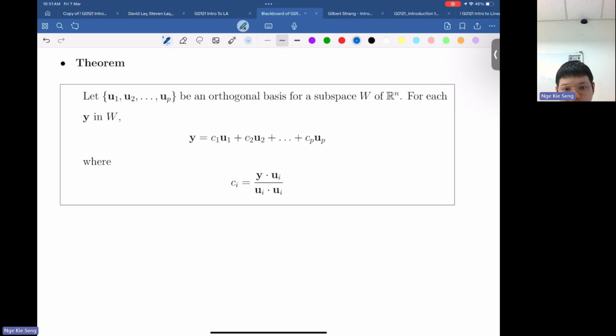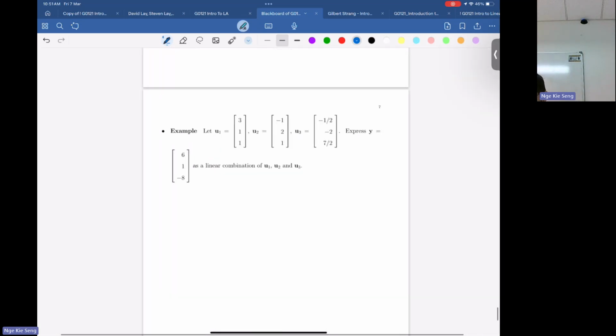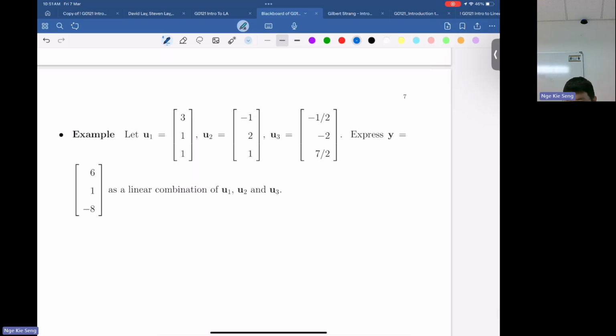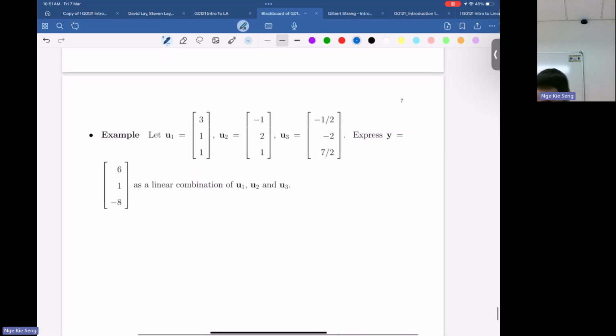You want to know why? Okay, let's compute first. Let you see what is going on here. Then maybe we'll see if we want to know what happened.